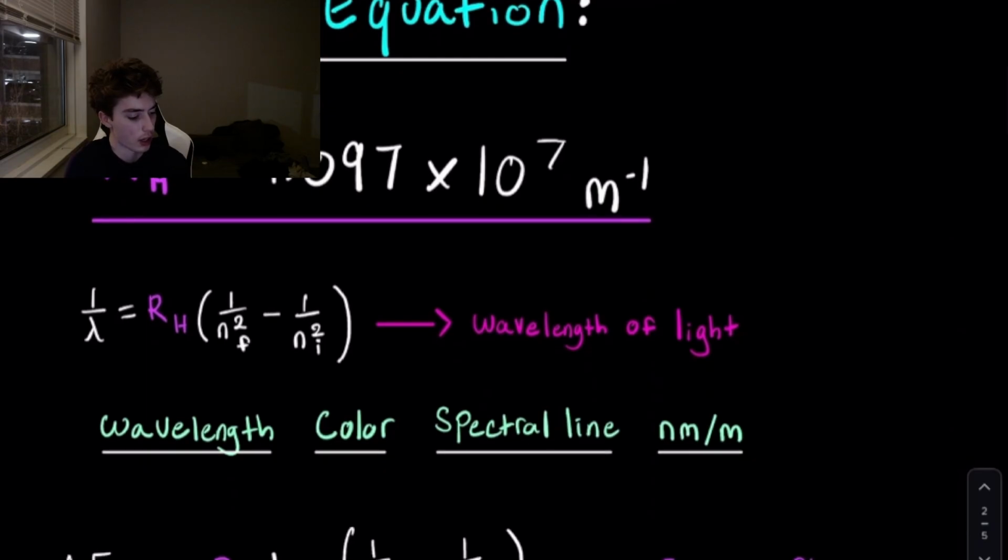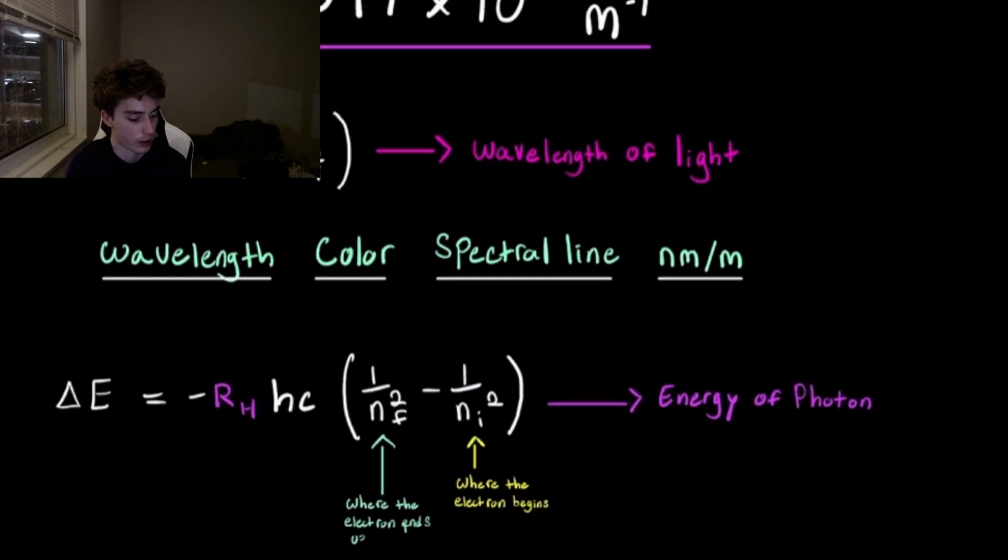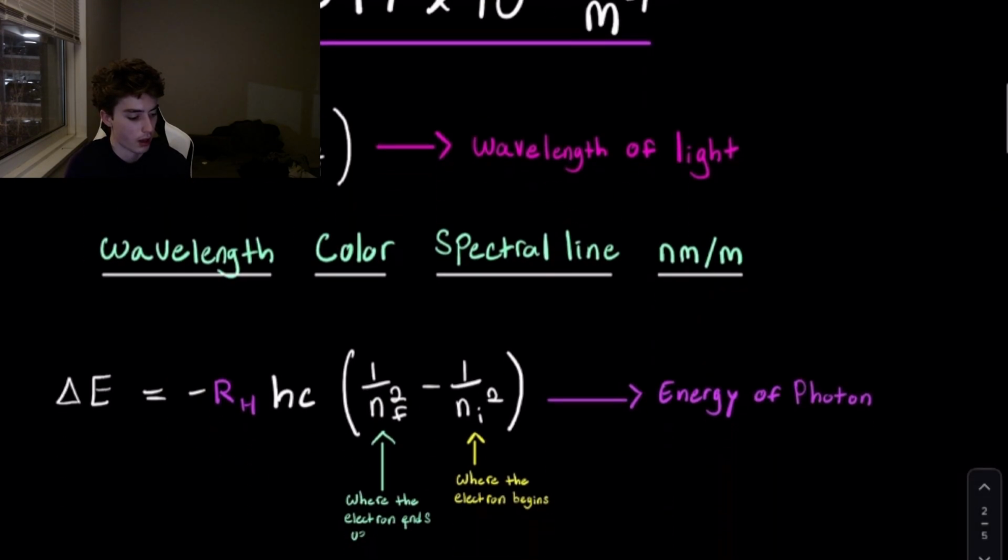Essentially, the Rydberg equation was just to get the wavelength of light or the energy of the photon, whichever one you were solving for. You were just doing Rydberg's constant, multiplied by the final destination of the electron.